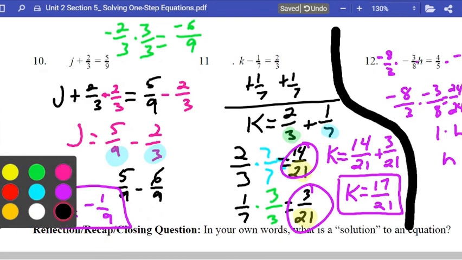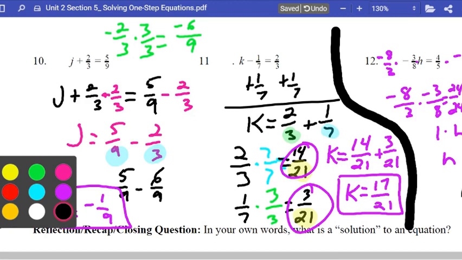We have 4 over 5 times negative 8 over 3. Well, on top is going to be negative 32, and on bottom is 15. And unfortunately, there's nothing I can do to simplify that. So our final answer here is going to be h equals negative 32 over 15.